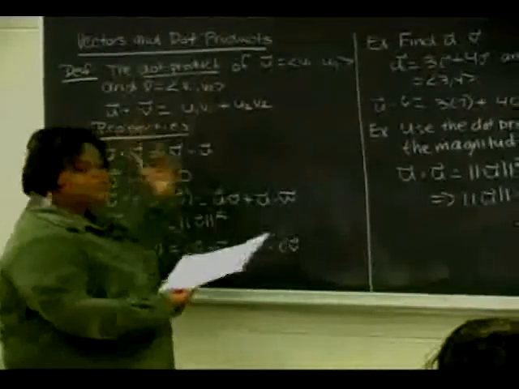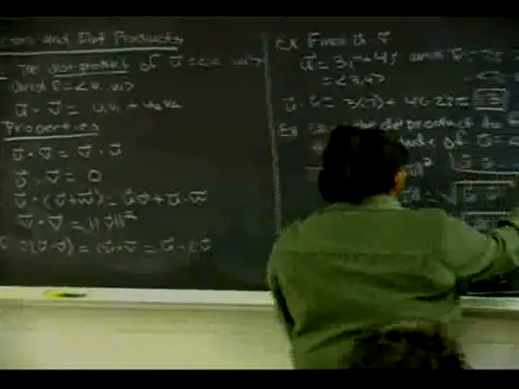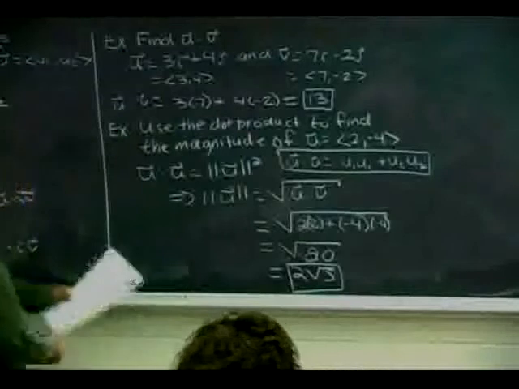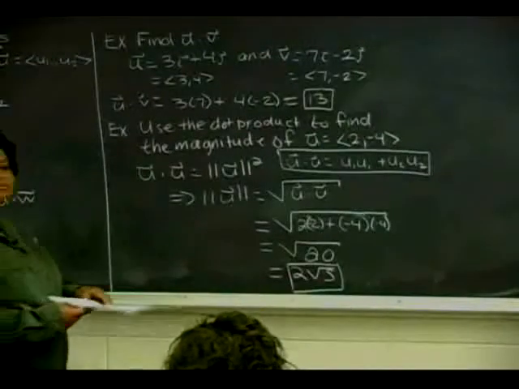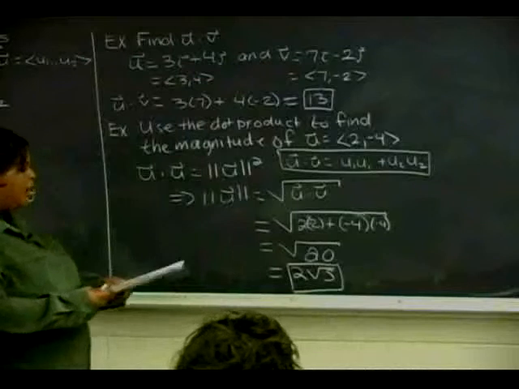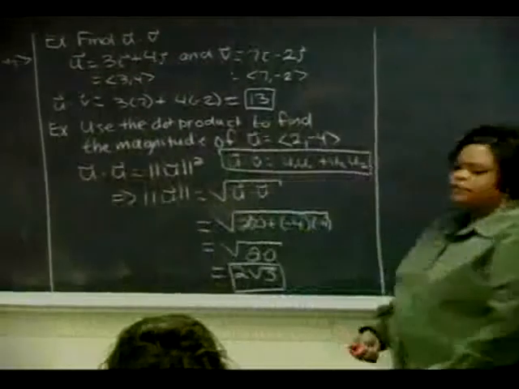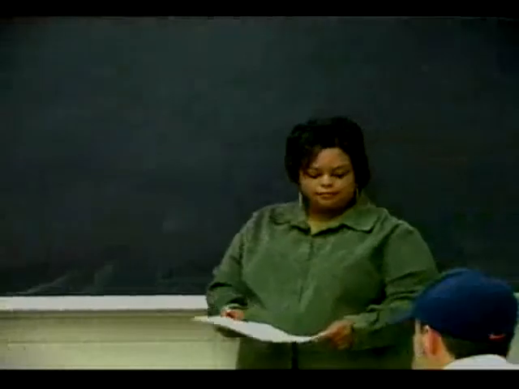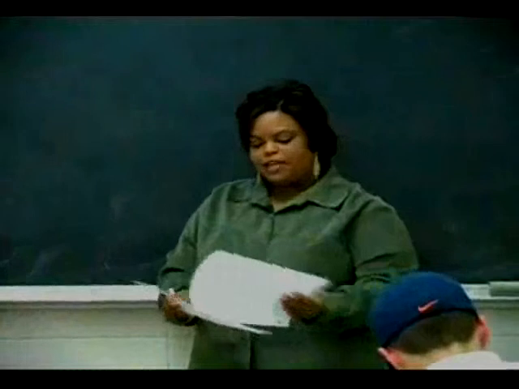Here u and v are the same. So it's really u1 squared plus u2 squared, basically. Any other questions? Okay, we can find the angle between two non-zero vectors.